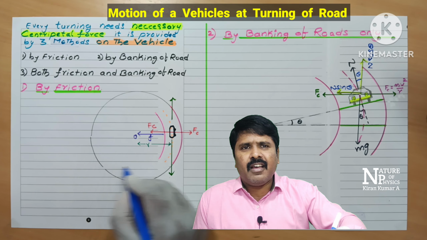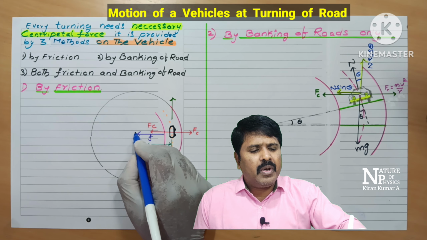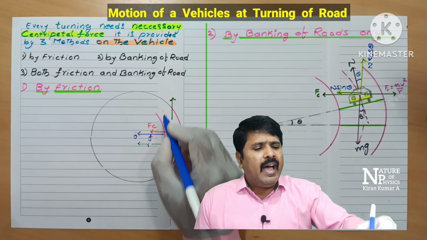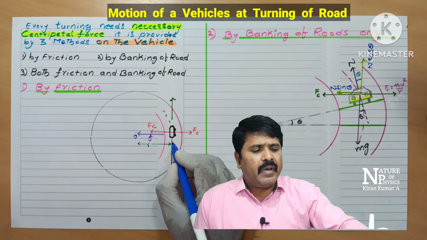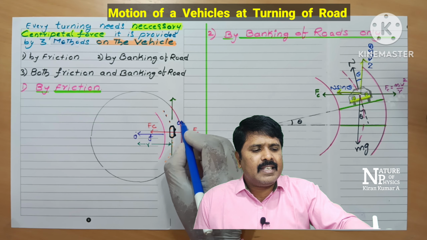This is the circular road, and O is the center of this circle. For example, assume this is a car.